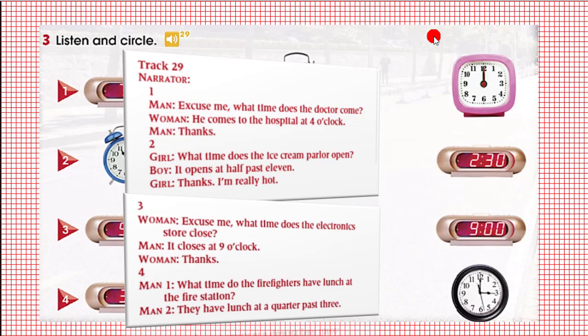Thanks, I'm really hot. 3, Excuse me, what time does the electronics store close? It closes at 9 o'clock. Thanks. 4, What time do the firefighters have lunch at the fire station? They have lunch at 3:15.